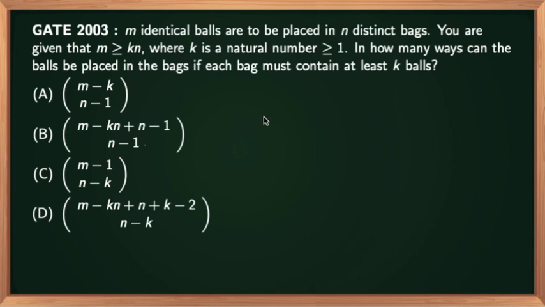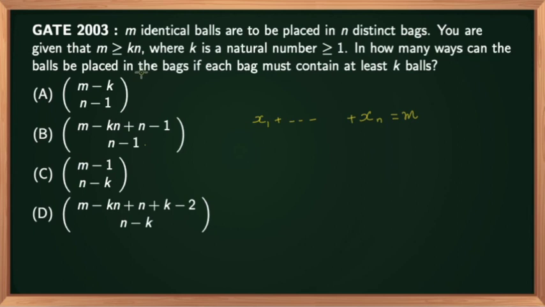Okay, so there are n distinct bags, so I can write H1 plus etc. plus Hn. This is the total number of balls in n distinct bags, right? So I can think of it initially as equal to m, right? Now they have given that m is greater than or equal to kn.